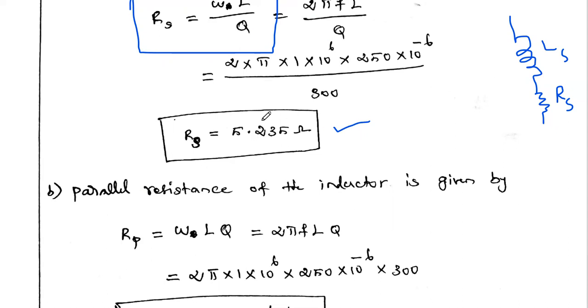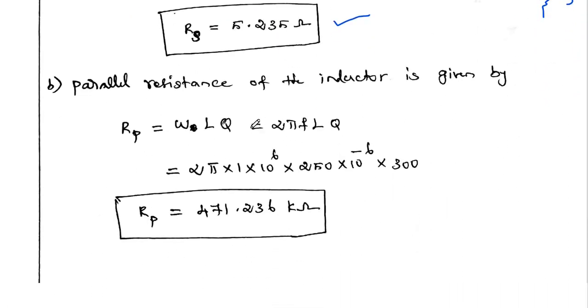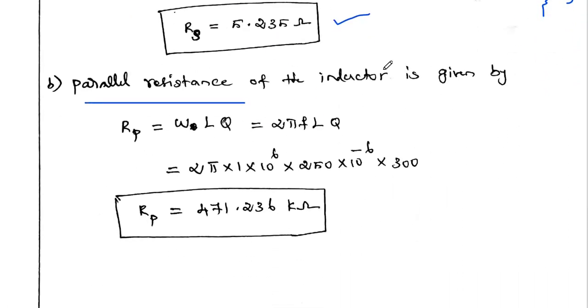So the series resistance offered by this inductor is 5.235 ohms. Similarly, we have to find the parallel resistance of the inductor. The parallel resistance of the inductor is given by Rp equal to omega naught L into Q, that is, the reactance of the inductor multiplied by the quality factor.